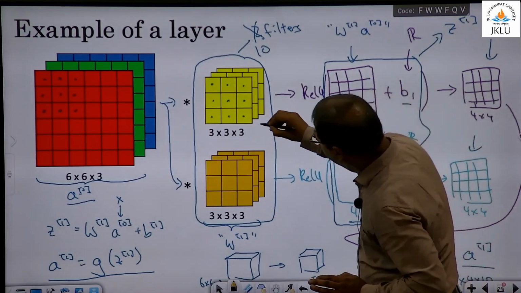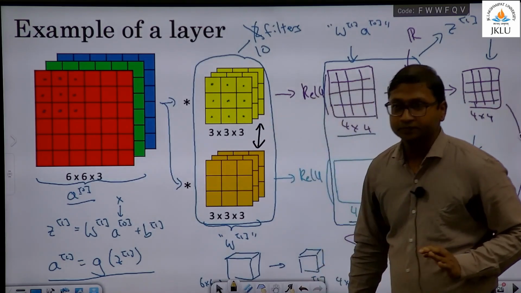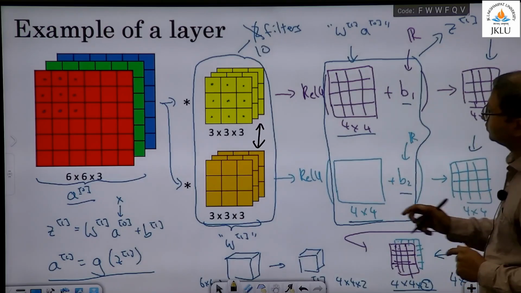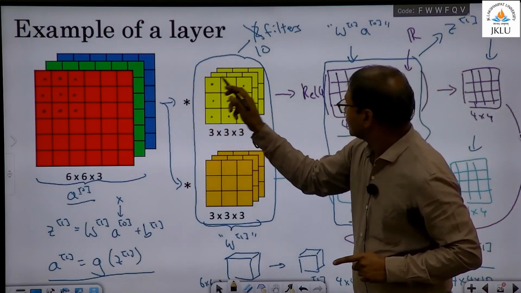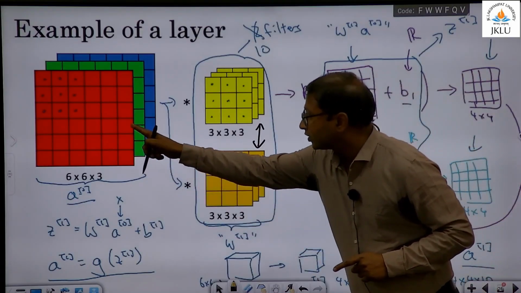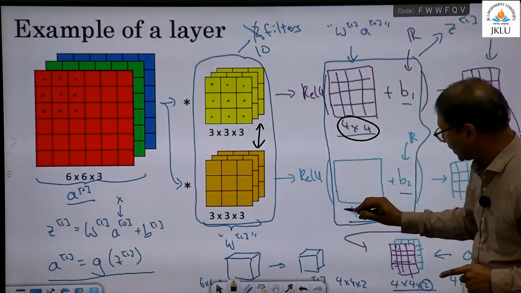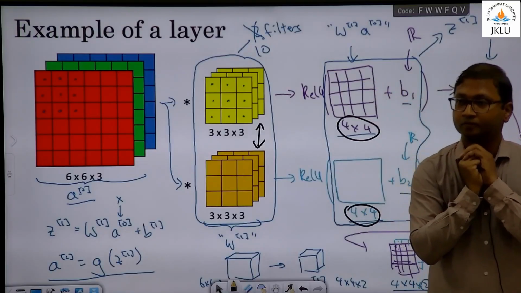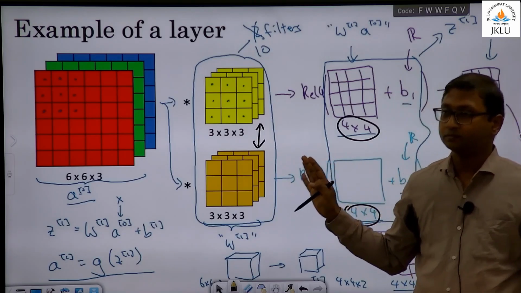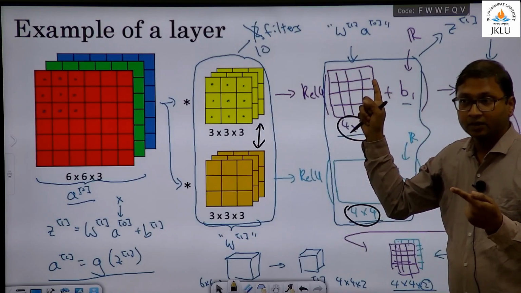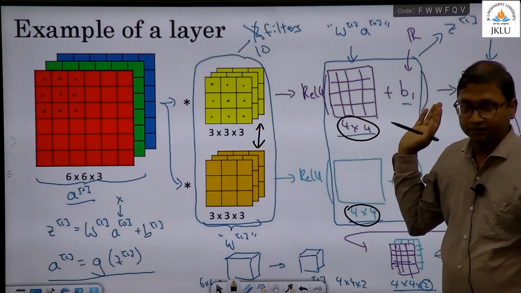So is there anything common in these two filters? No, these are two different filters, okay? So you take convolution with this, what you get is a 4 cross 4. You take convolution of this with this, what you get is 4 cross 4. These two numbers are not related. They may turn out to be the same, right? But they are not related.